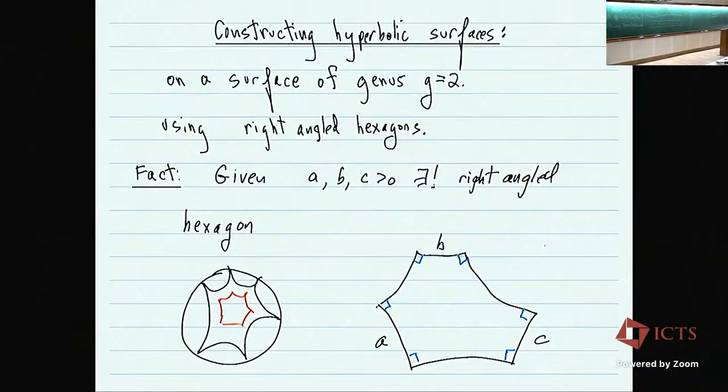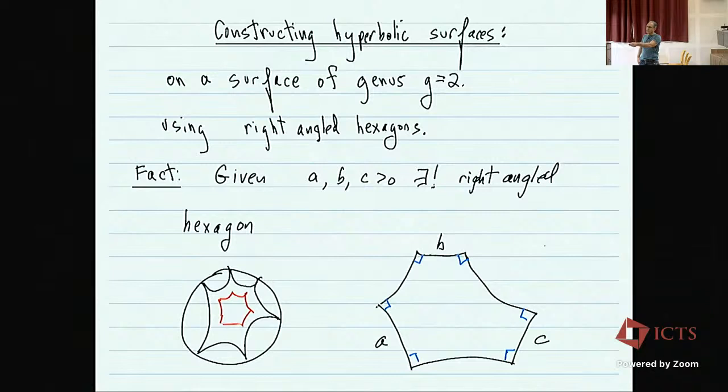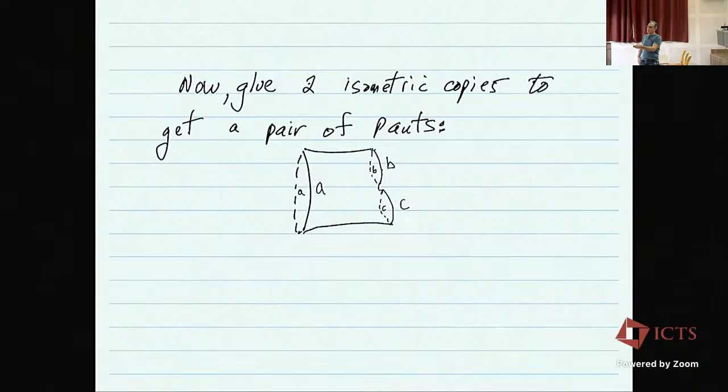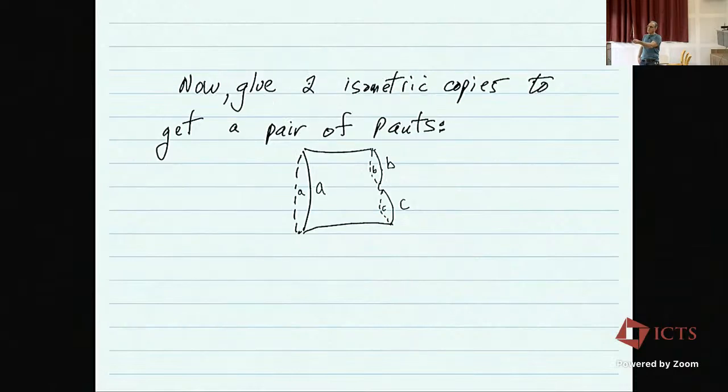So what can you do with a right-angled hexagon? You could glue 2 of them together. If you take 2 isometric copies of that hexagon we just had up there, alternating sides are A, B, C, and you glue along not those alternating sides, but the other seams, what you'll see is a pair of pants.